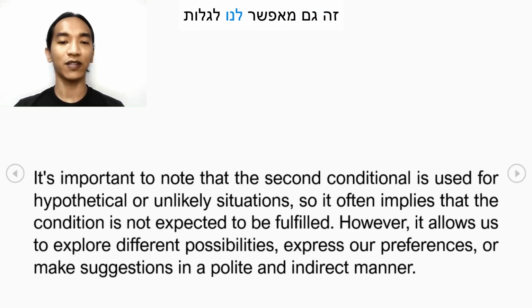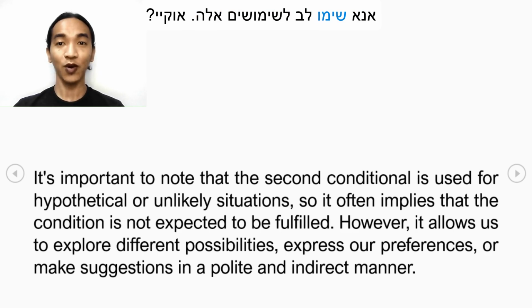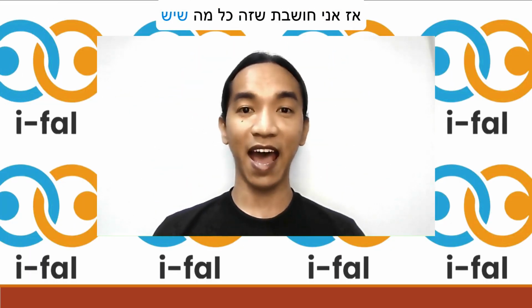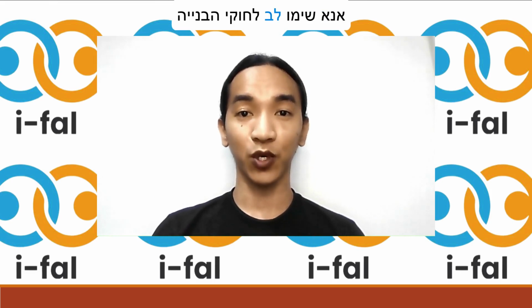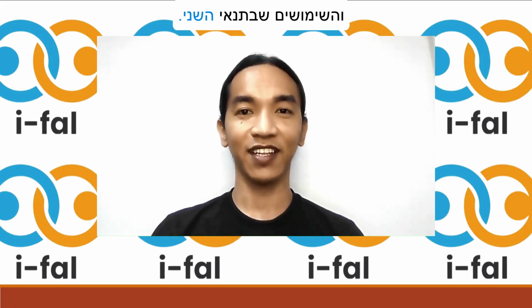It also allows us to explore different possibilities, express preferences, or make suggestions in a polite and indirect manner. So please pay attention to these usages. Okay? So I think that's all that we have for the second conditional. Please pay attention to the rules, sentence construction, and usages for the second conditional.